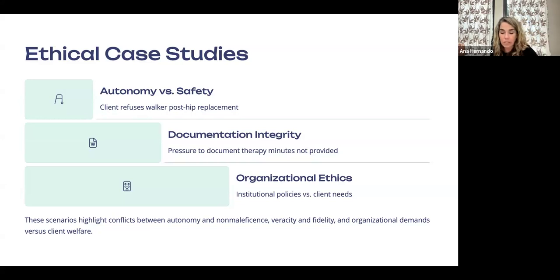An example of this would be around productivity. AOTA does have stipulation on acceptable levels of productivity. And so an institutional policy may state that a therapist must be 100% productive, and that productivity is calculated based on how many minutes are billed and how many minutes the therapist is in the facility or on the clock.